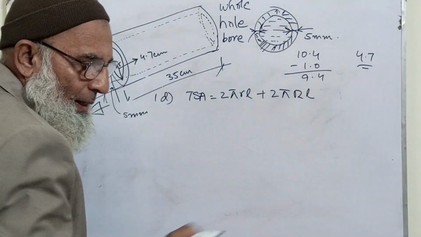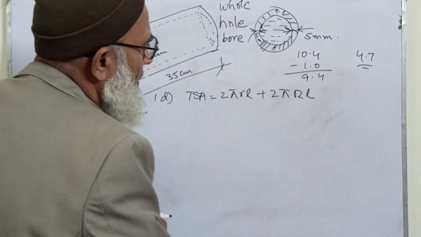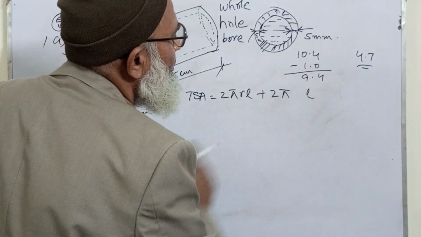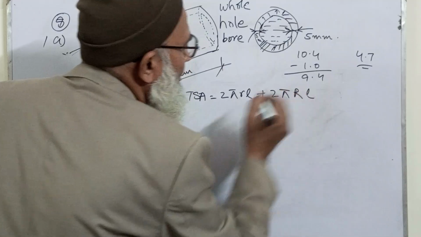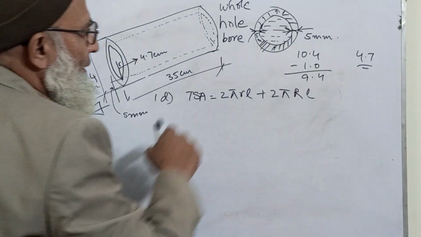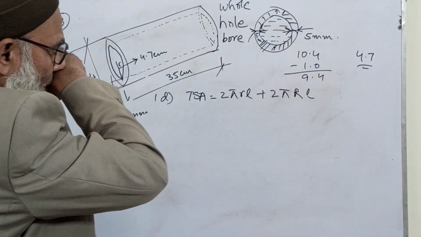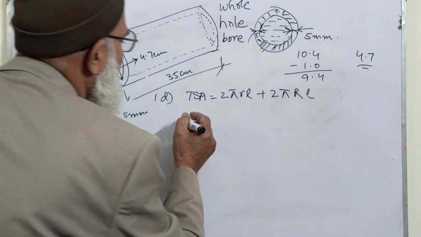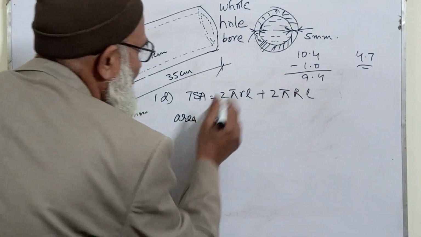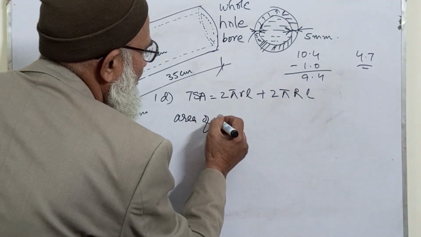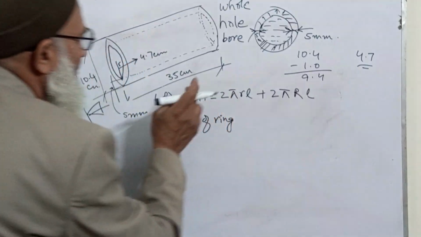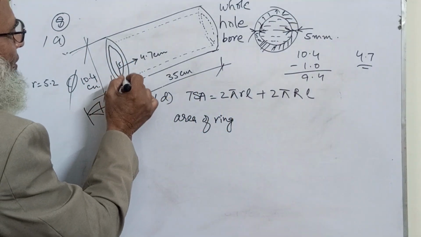Okay. Two pi r l. And the area of the ring. The area of the ring, let me find it separately. Area of ring. Okay, this part.